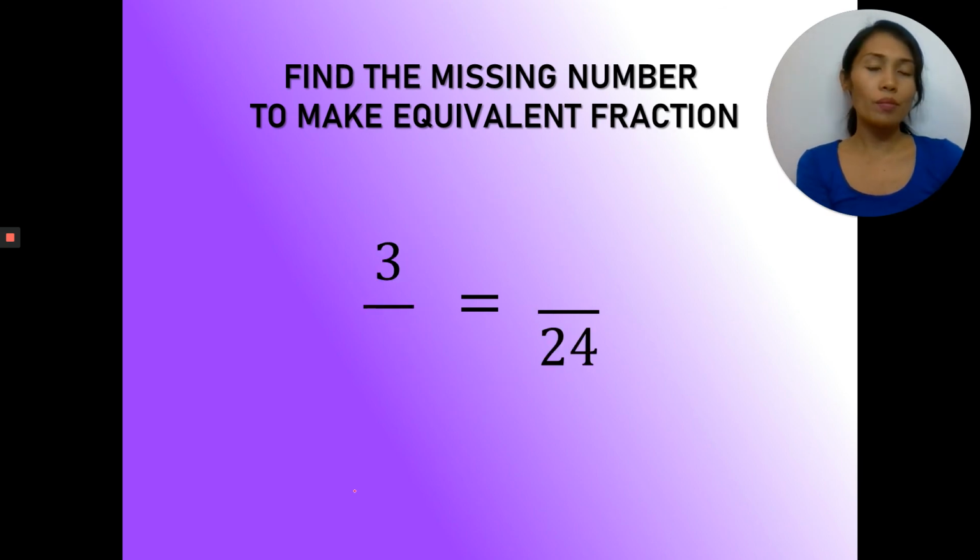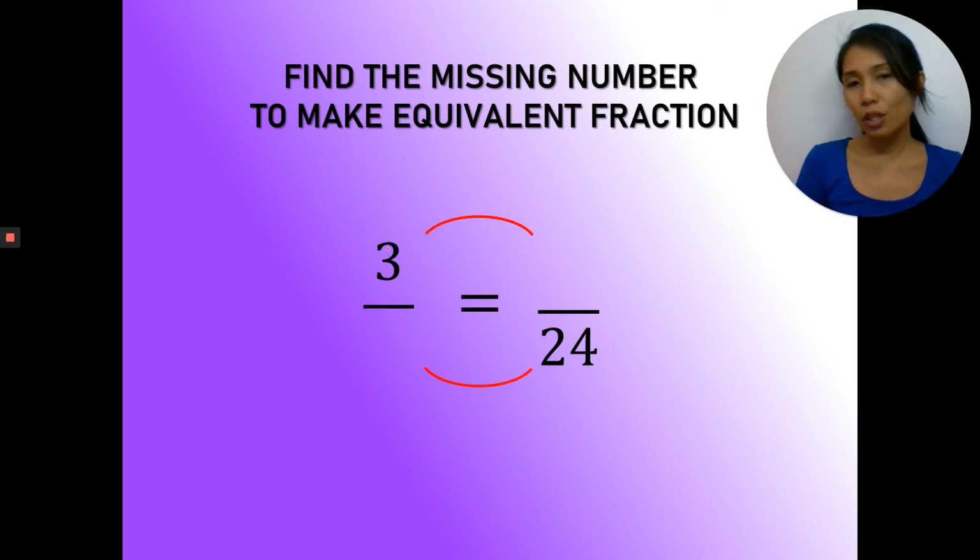Okay, let's try this one. Oh, one numerator and one denominator is missing. So what are you going to do here? Let's try to find a solution by doing the same thing we tried to. Let's try to multiply. 3 times what? 3 times, let's say 3. 3 times 3 equals 9.